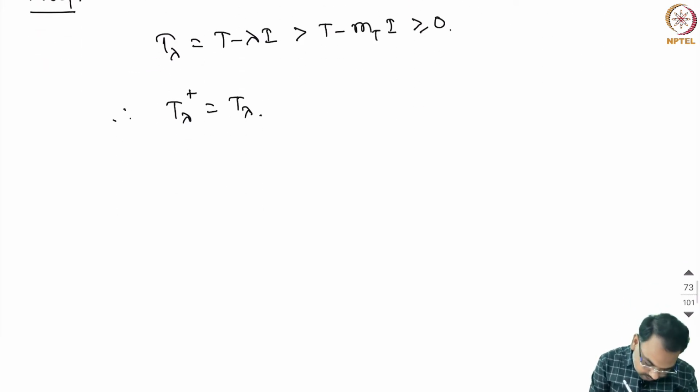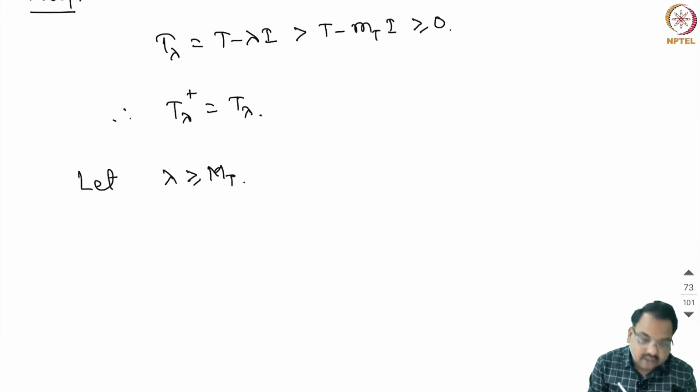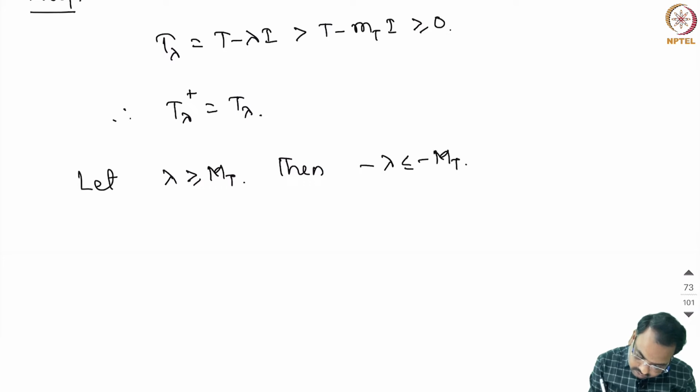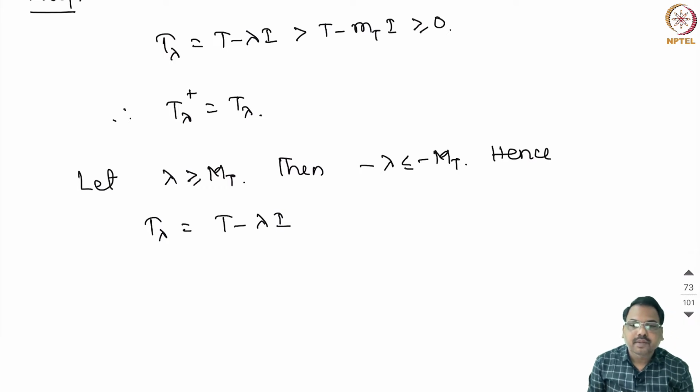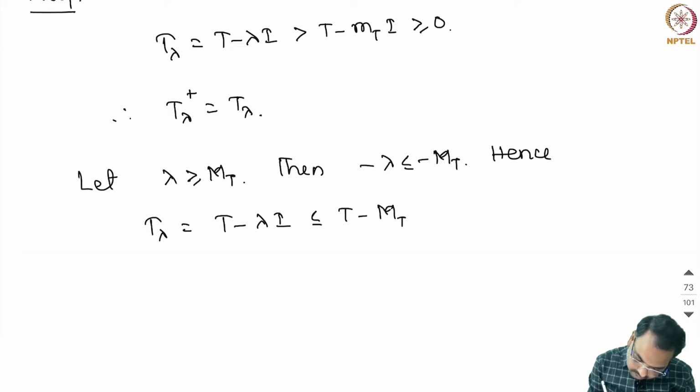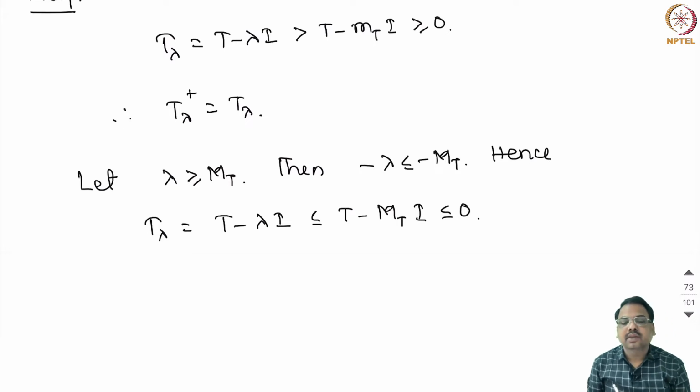Next assume that lambda is bigger than or equal to the upper numerical bound. Then minus lambda is less than or equal to minus capital M_T. Hence T lambda, which is T minus lambda I, is less than or equal to T minus M_T I. This is less than or equal to 0 because M_T I minus T is bigger than 0.